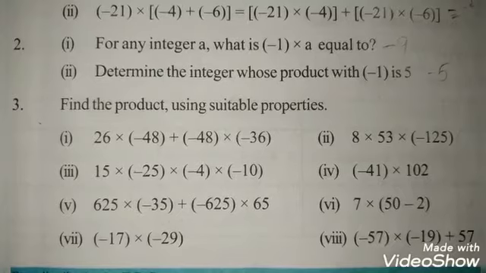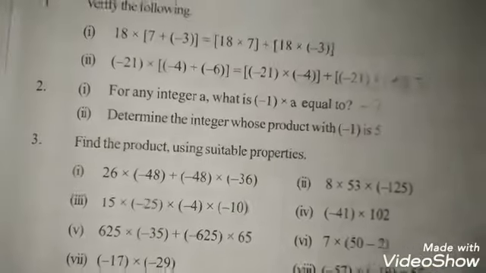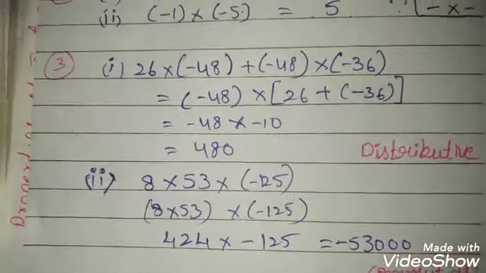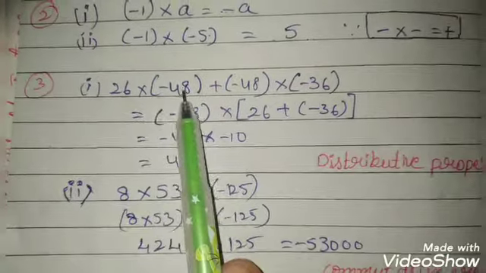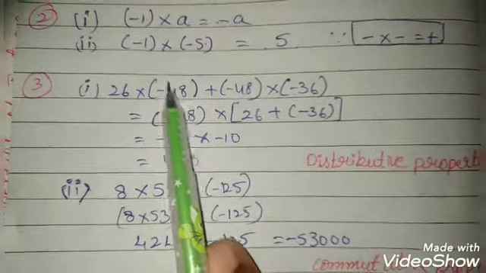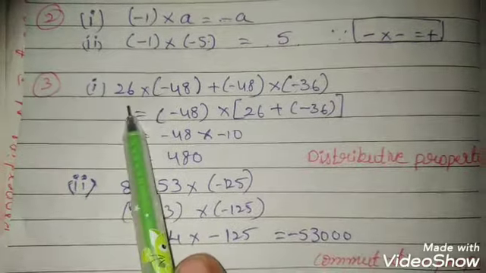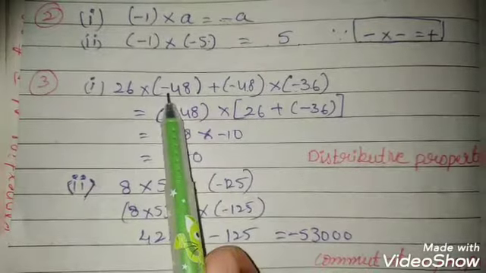Now the third one is, find the product using suitable properties. First one is 26 into minus 48 plus 48 into minus 36. In both numbers 36 and 26 we are multiplying with 48.